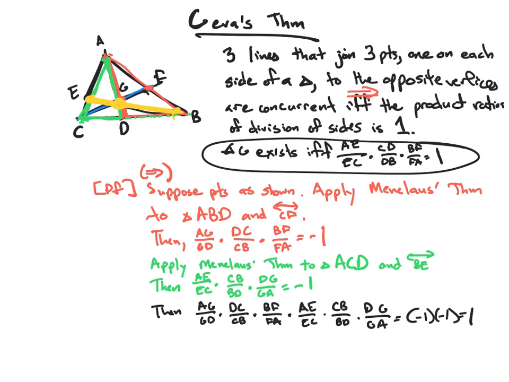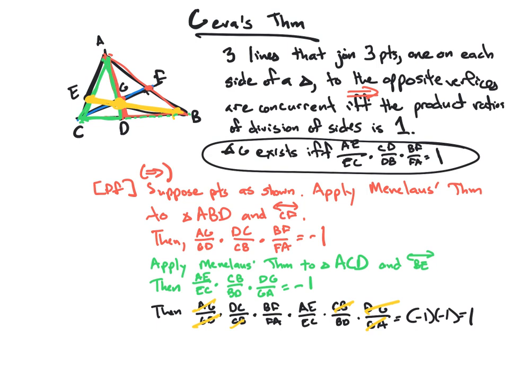And lovely things happen here. DG, GD. CB, CB. GA, AG. Okay? And so what are we left with?